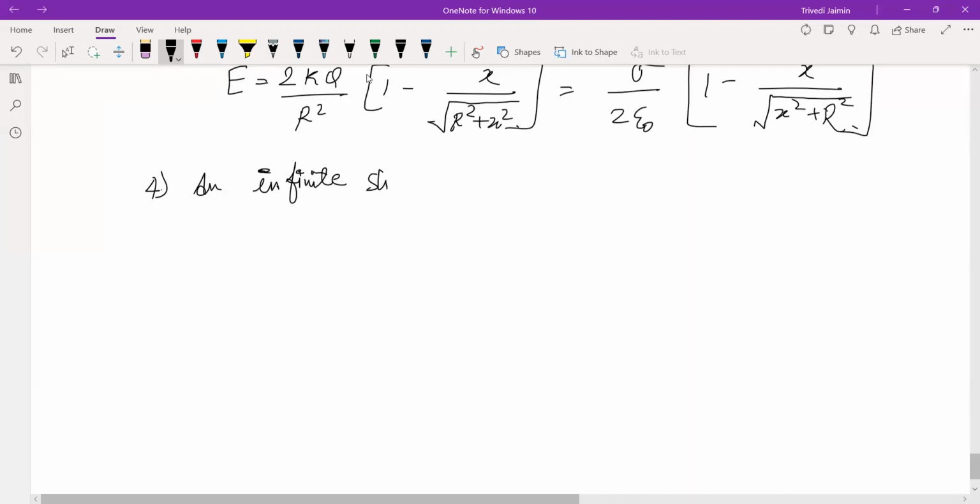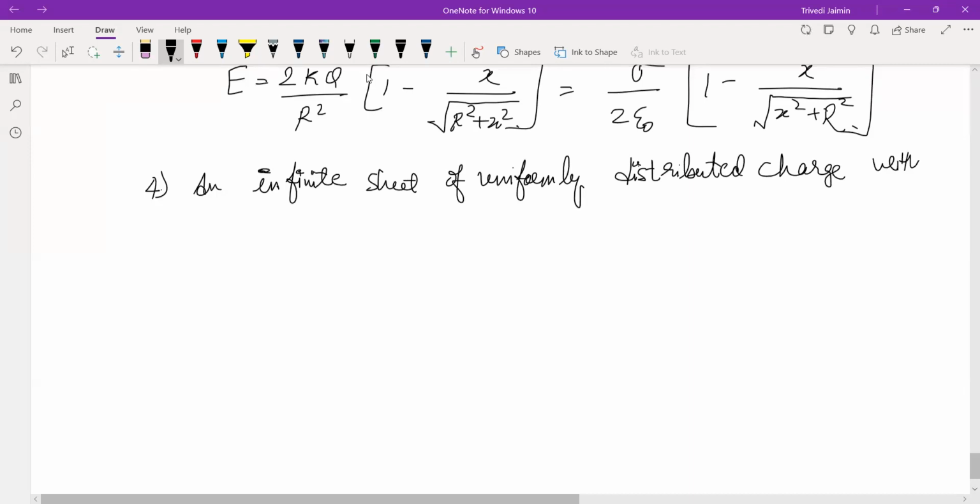Infinite sheet of uniformly distributed charge with charge density.